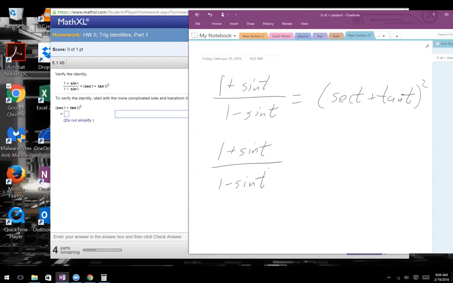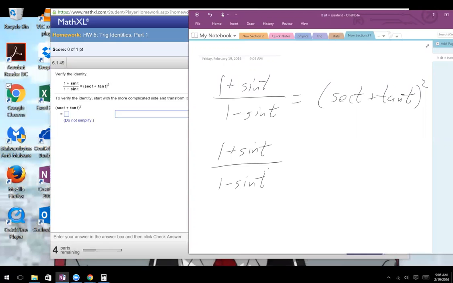Secant and tangent both have cosines in the bottom, right? Is there a way I can somehow change the sine in the bottom to a cosine in the bottom? What would that entail? Sine squared t plus cosine squared t equals 1. That's good. So how can I use that?